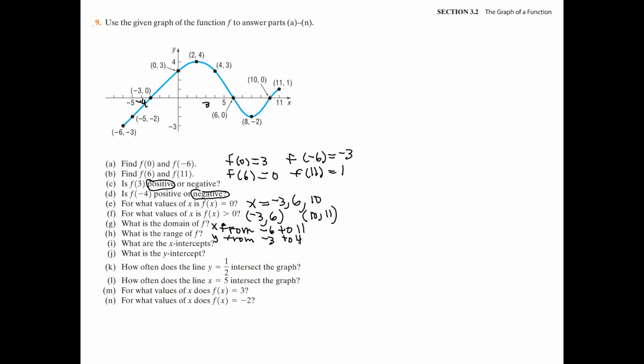What are the x-intercepts? That's the same as the answer to E. What is the y-intercept? There's only one, if there is one, and that is the point (0, 3). It hits the y-axis at 3.